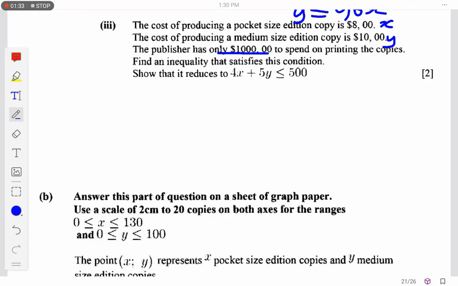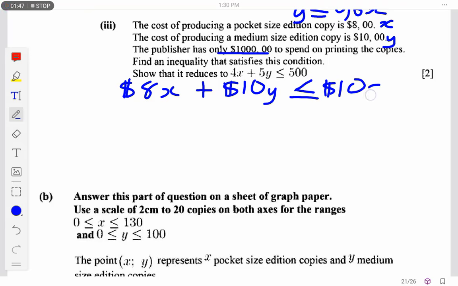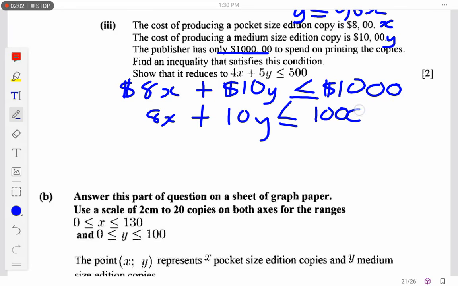So we can say $8 by x plus $10 by y is less or equal to $1,000, because the producer wants to use 1,000 or less. You can even remove the dollars, and I have 8x plus 10y is less or equal to 1,000.